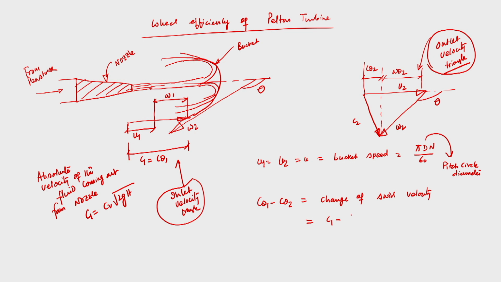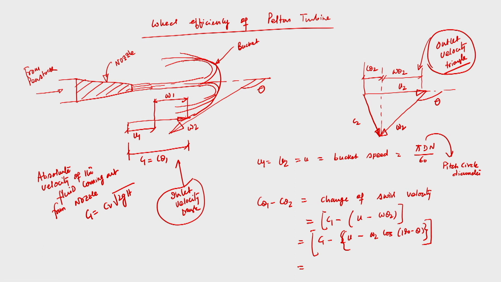So C1 minus (U minus W theta 2) is the change in swirl velocity. Because this angle is theta, W theta 2 will be minus W2 cos (180 minus theta).